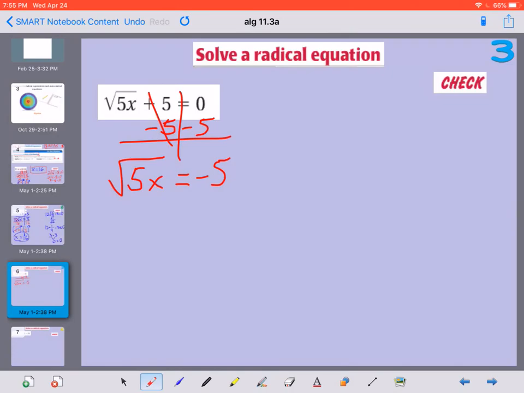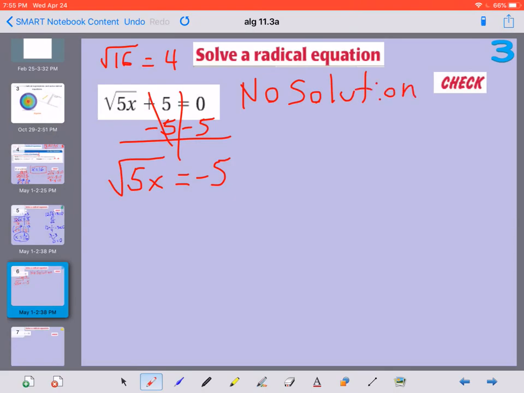Now the square root of something is never going to equal a negative number, because the square root of, let's say, 16 is always going to be 4. It's always going to be a positive number. So right away we can say that this is no solution.